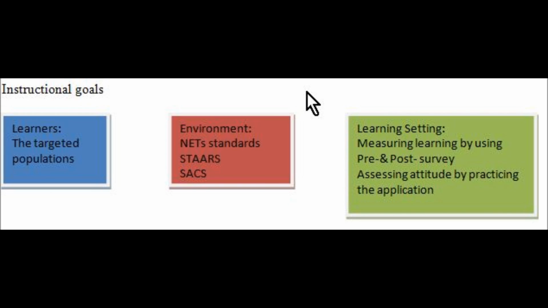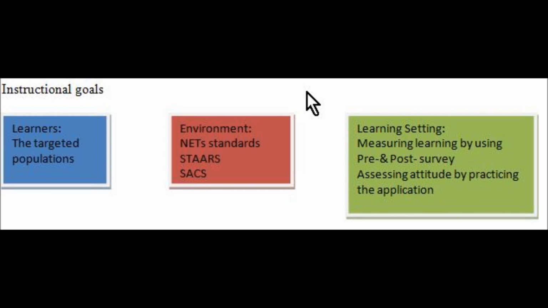In the red box, we need to provide conditions for the environment, including whether it's a school environment, a lab, a classroom, or a company's training environment. We also specify what standards we are following, such as the NETS, or STARS, or for higher education, the SACS standards.